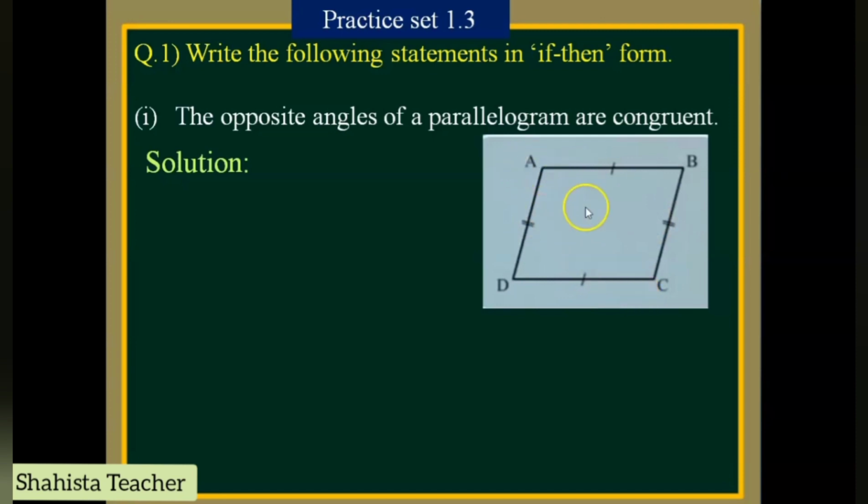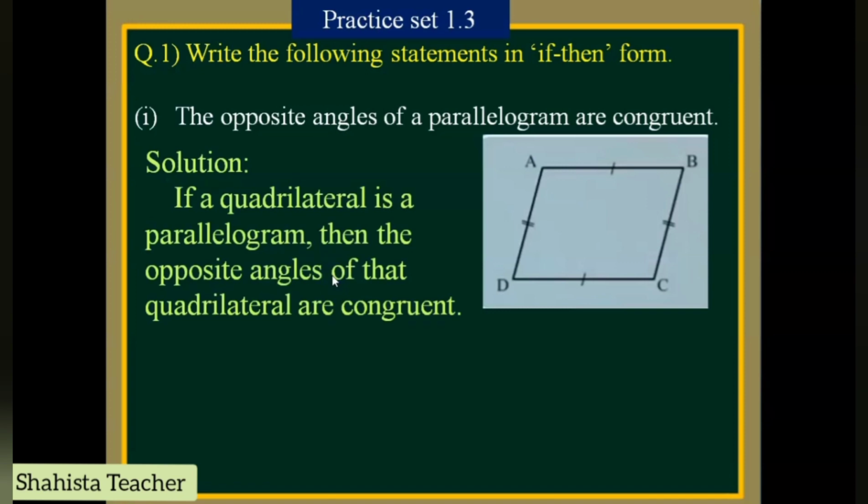So angle A is congruent to C and D is congruent to B. Similarly, A is congruent to D and B is congruent to C, like this. So here we will write: if the quadrilateral is a parallelogram, then the opposite angles of the quadrilateral are congruent. Is that clear? So students, in this way we finish sub question 1.